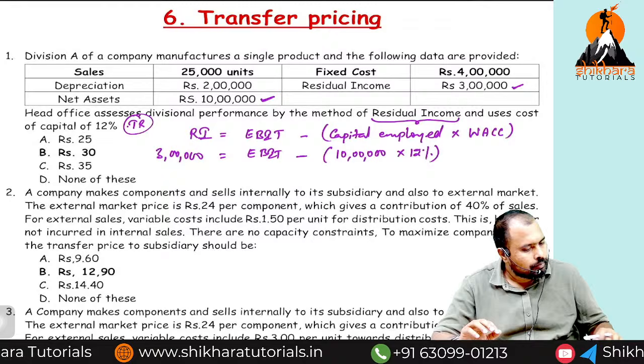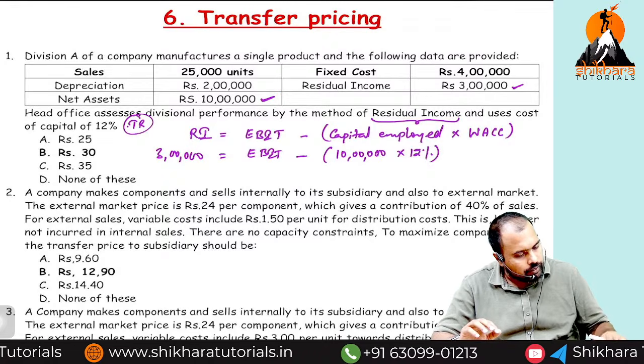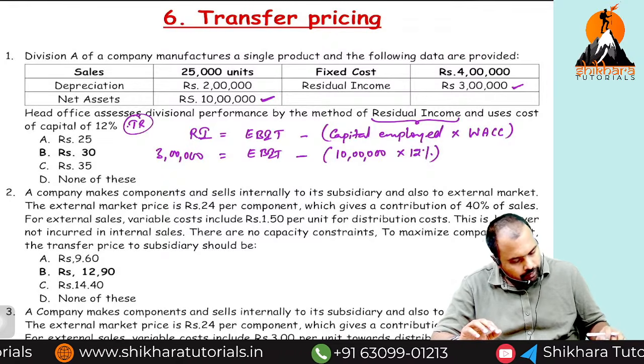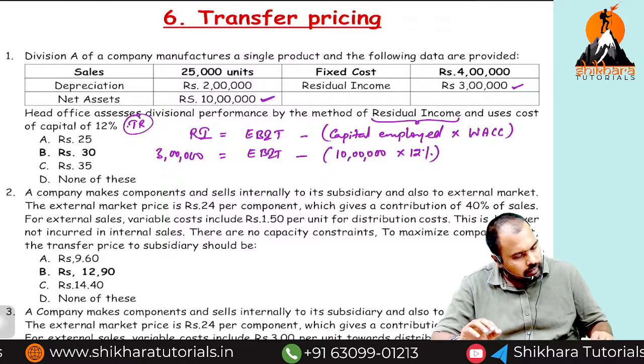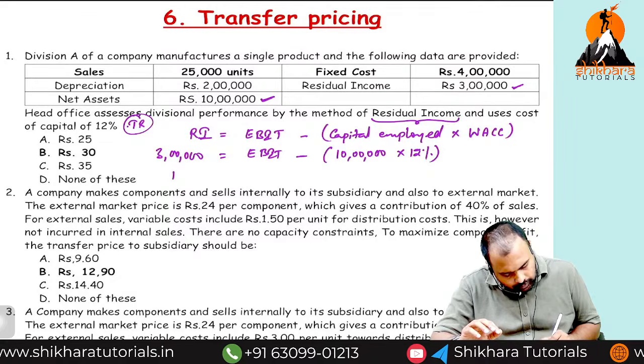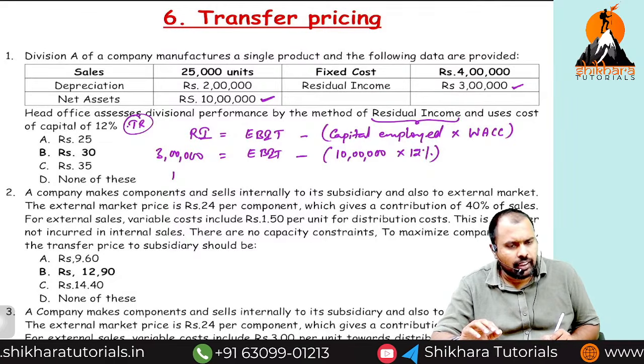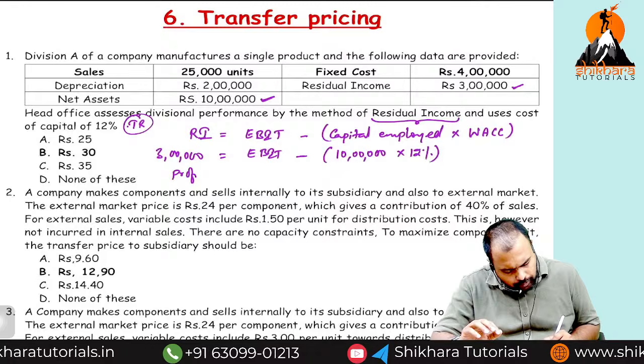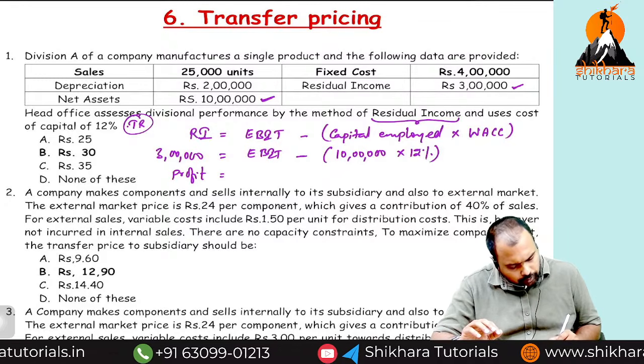Then 10 lakhs into 12% is 1,20,000 plus 3 lakhs, 4,20,000. EBIT is nothing but profit under costing. So profit should be equal to 4,20,000.